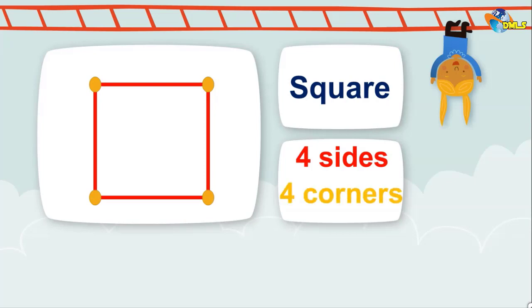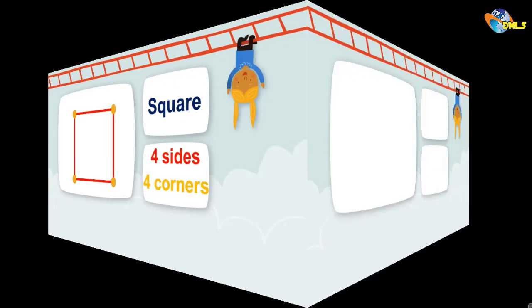Now a square has 4 sides and 4 corners. Can you tell me something you notice about the 4 sides of the square? Excellent. All 4 sides of the square are the same size, or equal in length. That is very important to remember about a square.